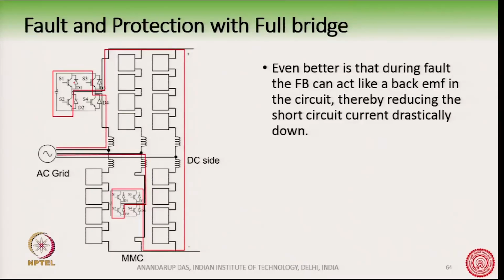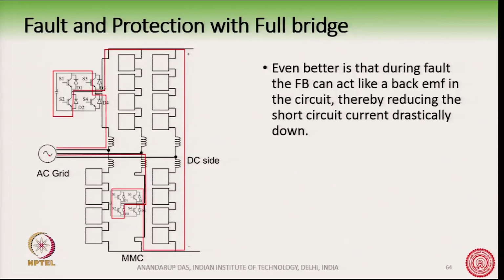Because you see, the capacitor along with this full bridge circuit is nothing but a controllable voltage source, and so the arm is a controllable voltage source. Now, suppose the fault has happened and you modify your controllable voltage source in such a way that it is like a back EMF to this AC grid voltage source.